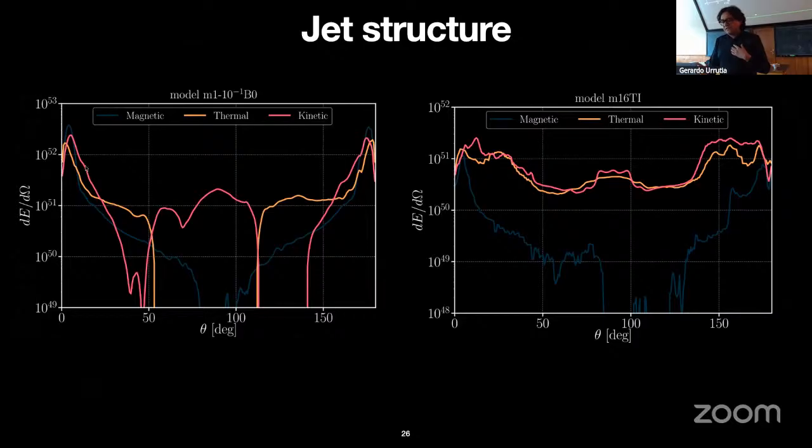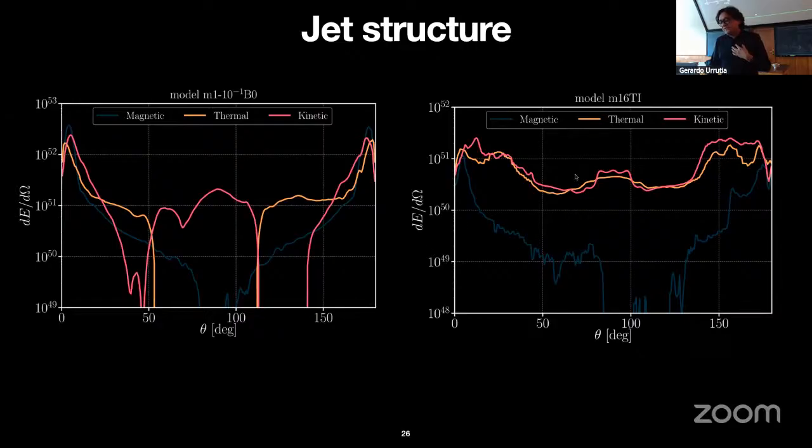The magnetic flux is amplified in the center, and we finish with the magnetic energy. I am presenting the different components of the energy: magnetic, thermal, and kinetic. The magnetic energy is dominant here in the poles.